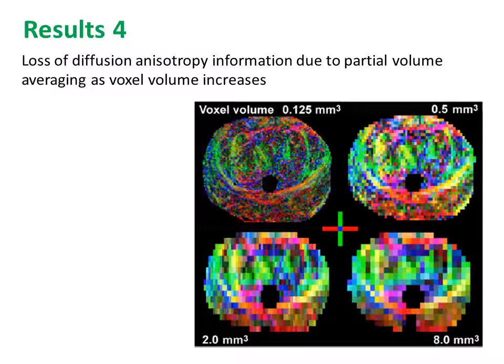One point to note about this particular diagram is that as we go up in voxel size here, I've brightened the image so the FA values are actually going down, but I've enhanced the brightness here to focus on the loss of information and also the loss of detail in terms of the eigenvector orientations.